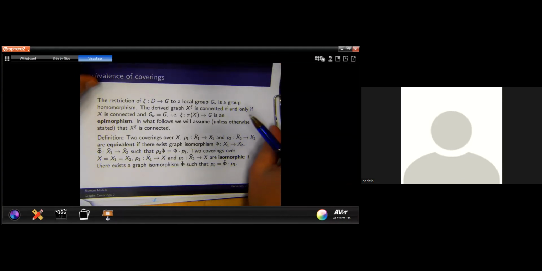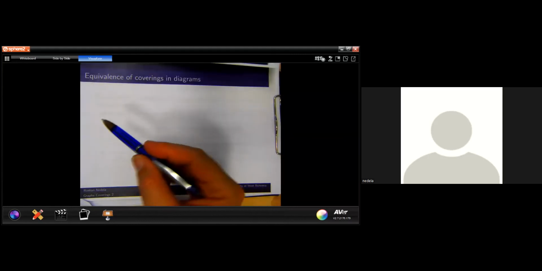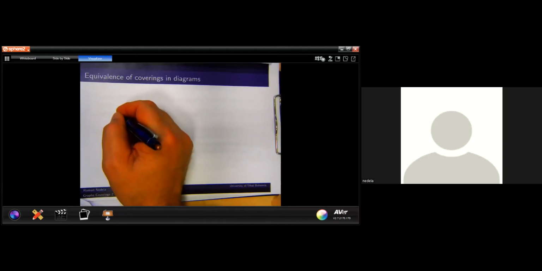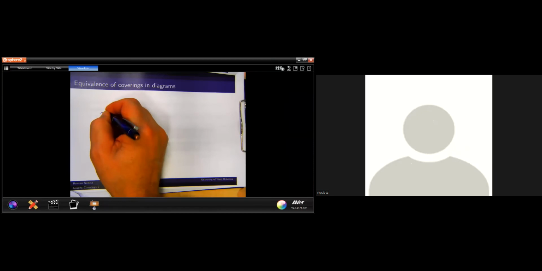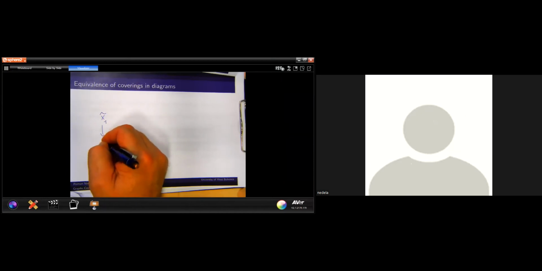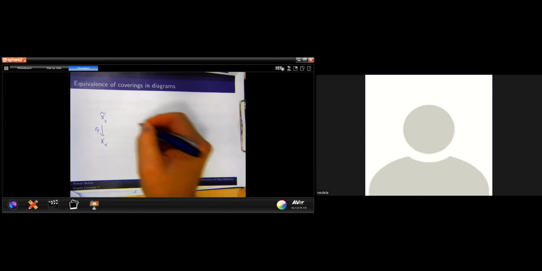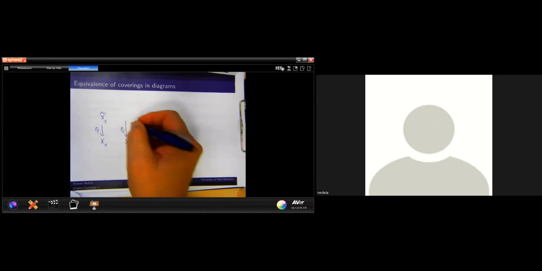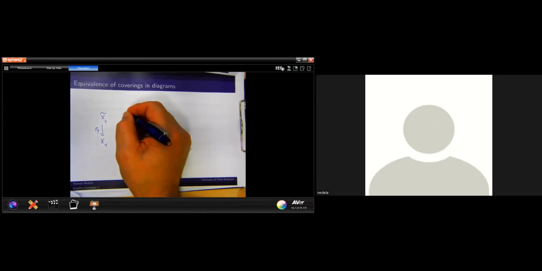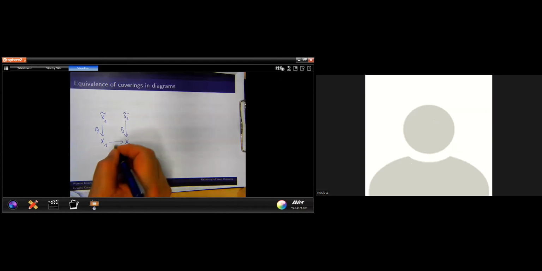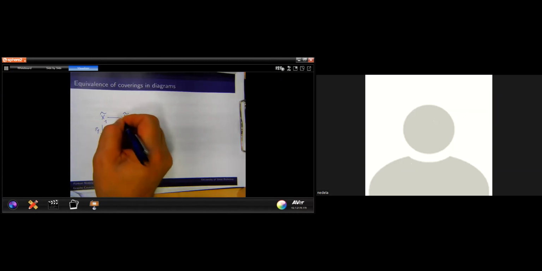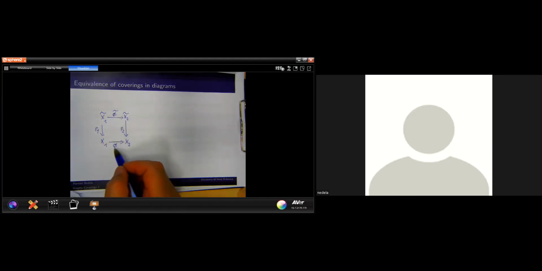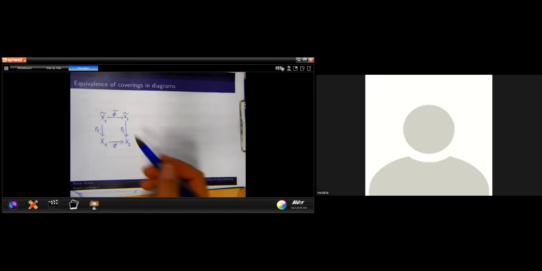Maybe it is better to understand it on the correspondence diagrams. So we have one covering which is called P1, and another one which is called P2. And we want an isomorphism here and an isomorphism here. If we can find such maps, then the coverings are equivalent.